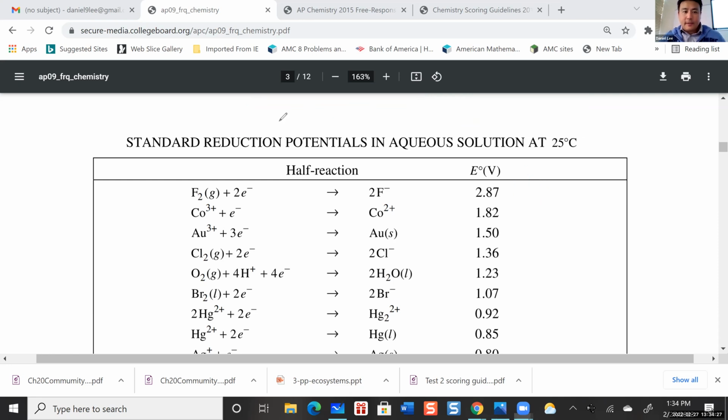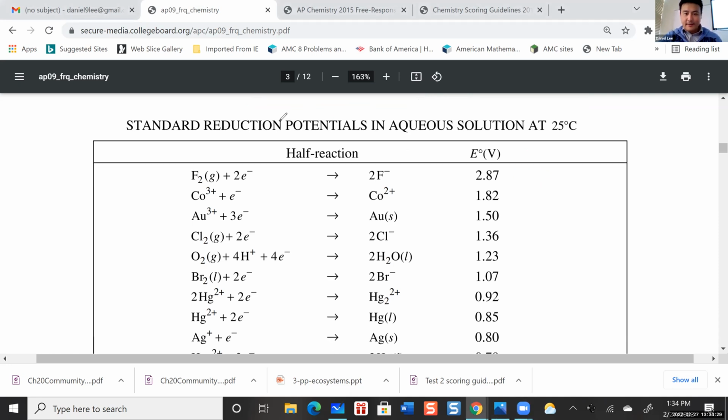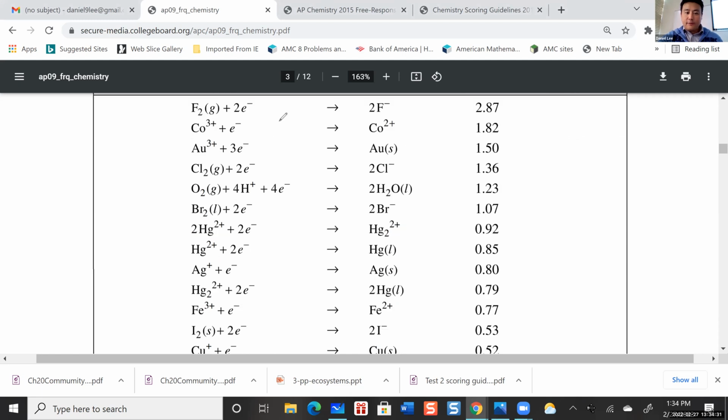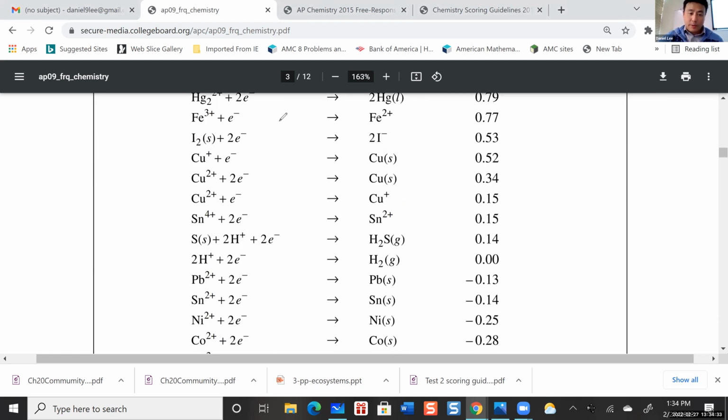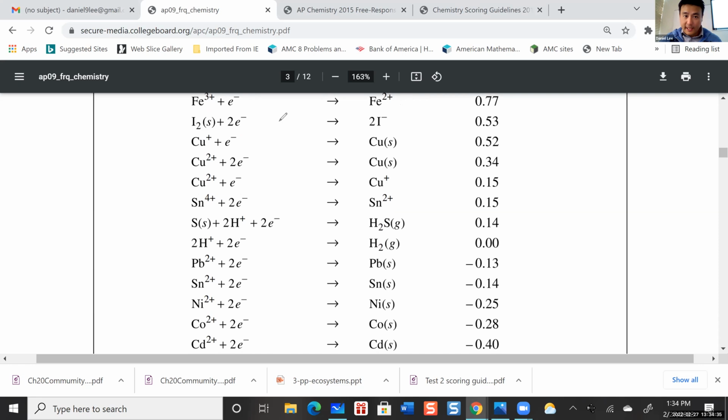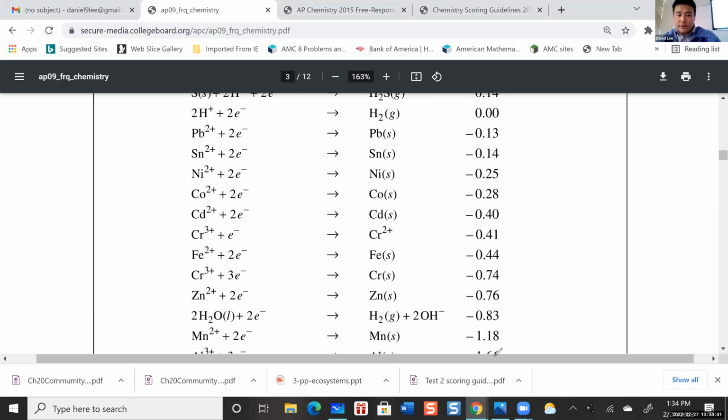Next, the one that we need is zinc. I was using the example we were doing last week. Zinc is actually further down, so I need to scroll down a little bit. If you look at zinc and copper, they're both here. This is Zn2+ gaining 2 electrons becomes zinc.